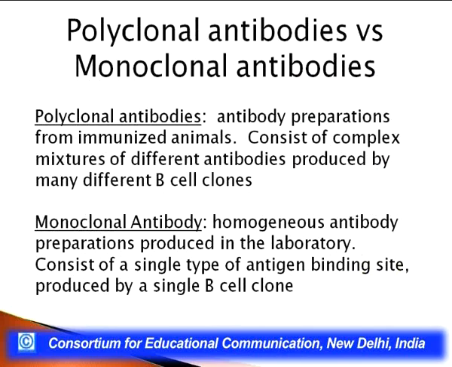Now, coming to the discussion of polyclonal antibodies versus monoclonal antibodies. You must understand that whenever an antigen comes and the immune system combats an antigen, as described in my last lecture, an antigen could be a big molecule with many epitopes or antigenic determinant sites.